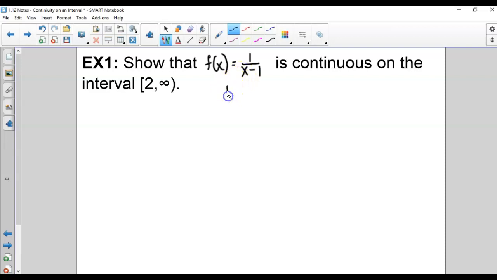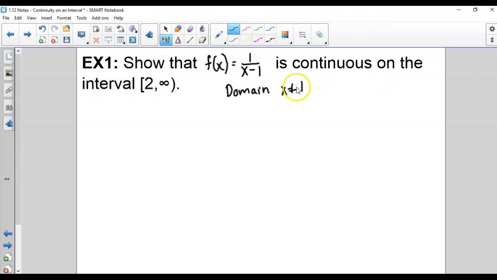So my domain for this is x cannot equal 1. And is 1 in the interval from -2 to infinity? It is not. It's below -2, right?